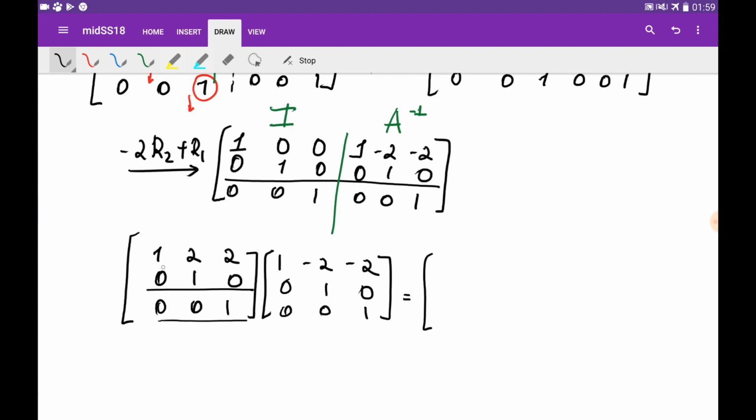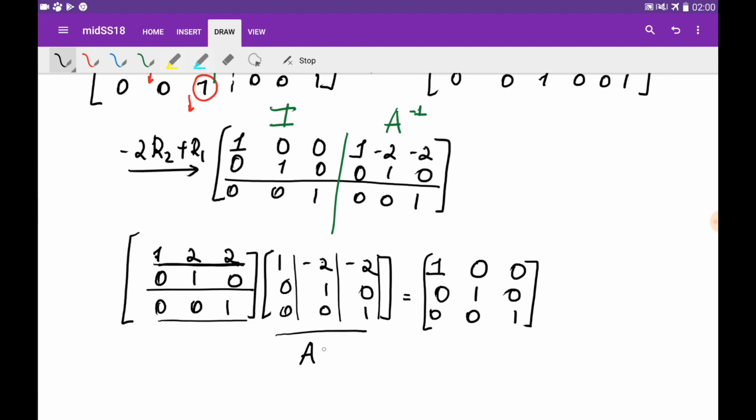If I multiply the first row by the first column, I obtain 1. The first row by the second column gives 1 times minus 2 plus 2 times 1, which is 0. The first row by the last column gives 1 times minus 2 plus 2 times 1, which is 0. And the second and third rows are 0, 1, 0 and 0, 0, 1. So indeed this matrix is the inverse of A.